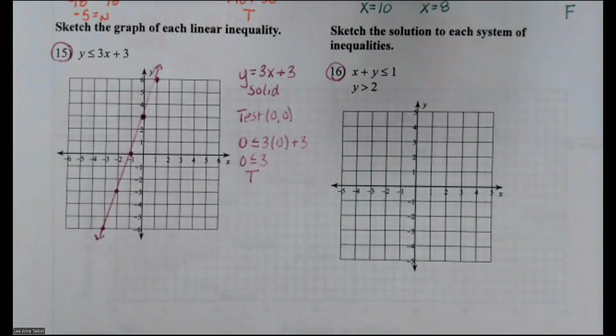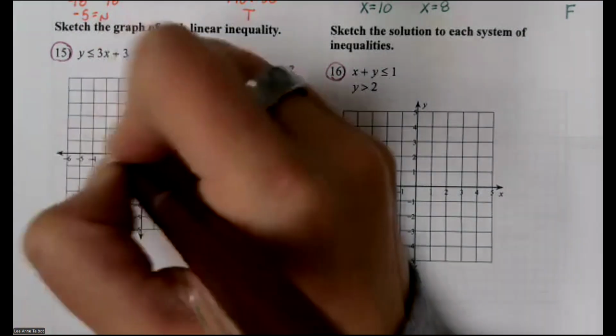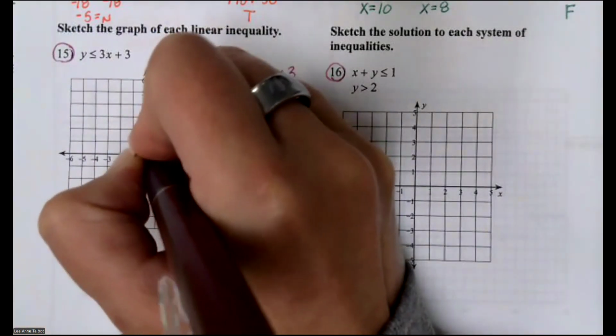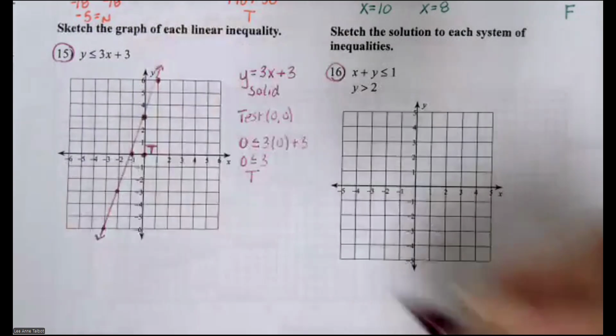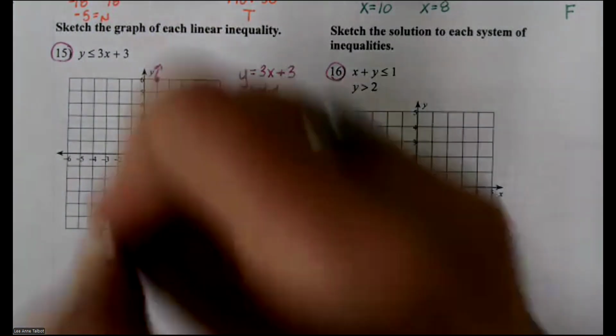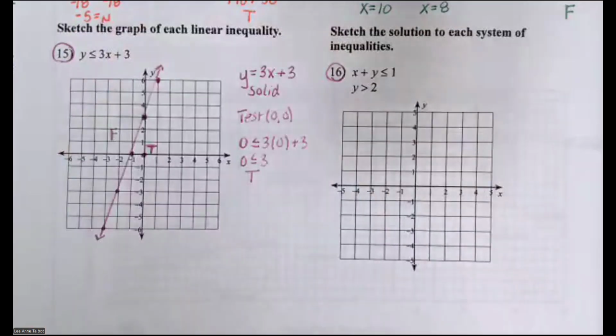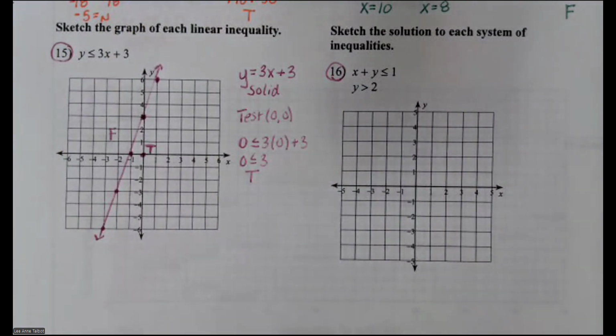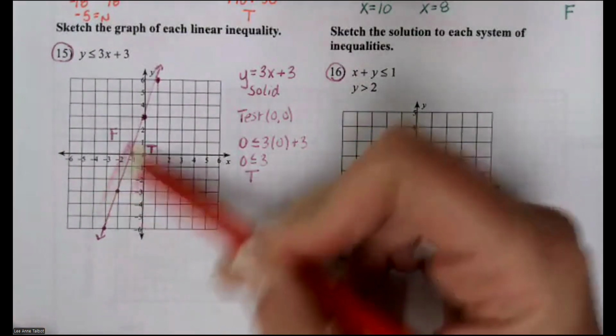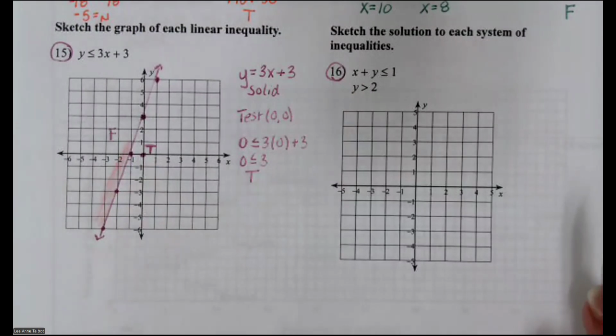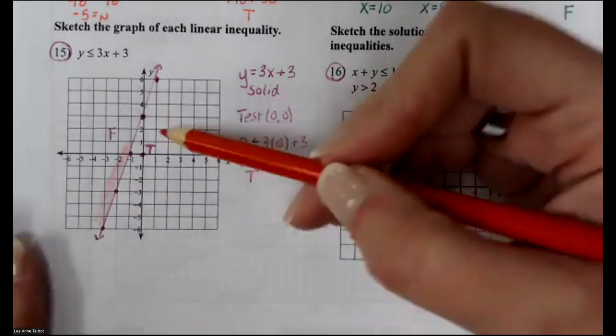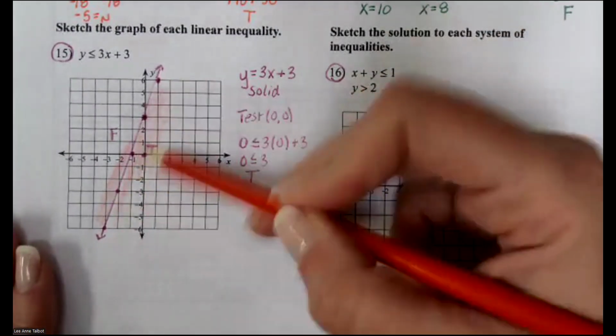I got true. So I graph (0, 0), and I put a little T next to it for true. And I put a false on the other side of the line. And then shade. Oh my gosh, I shaded the false. Shade the true.